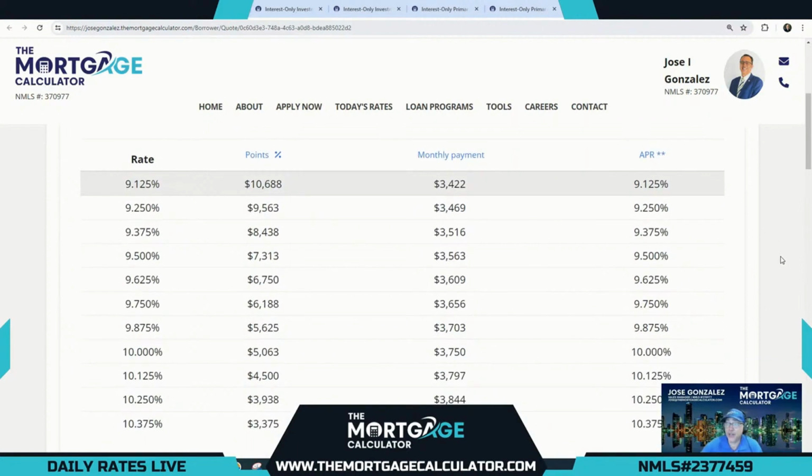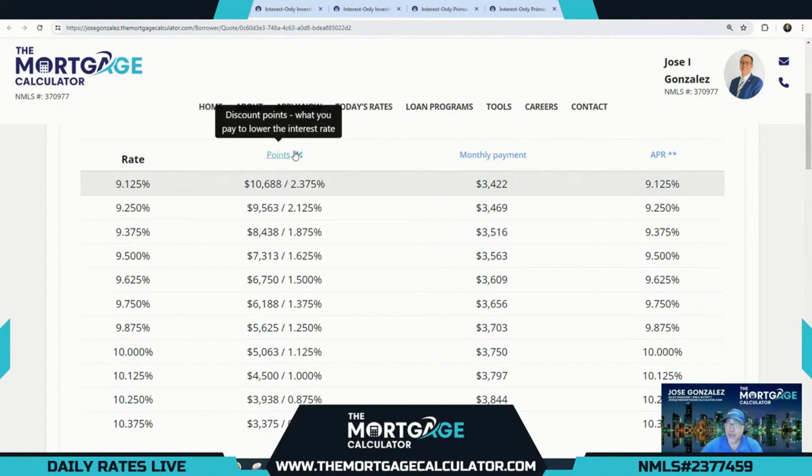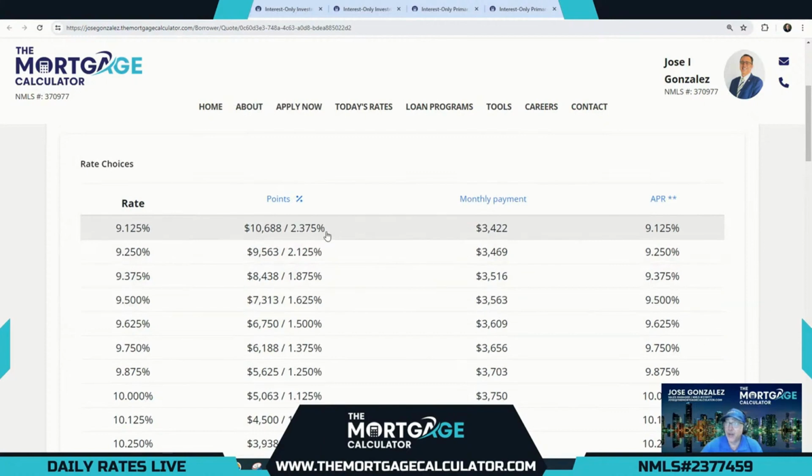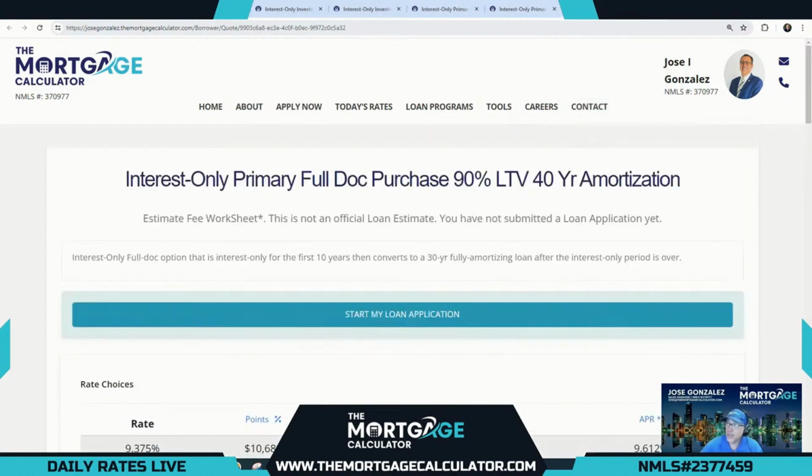So in this case, for our full doc primary non-QM option, our lowest cost option is 10.375, and you can buy that down all the way to 9.25%. I want to put this all into context here.